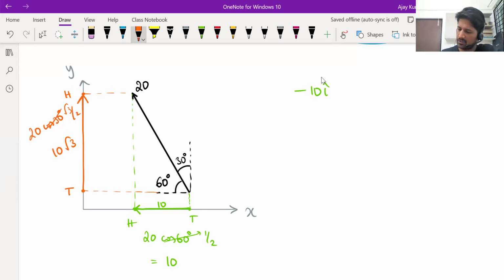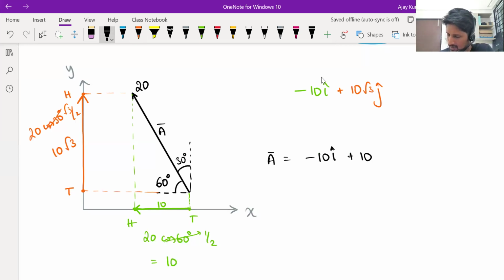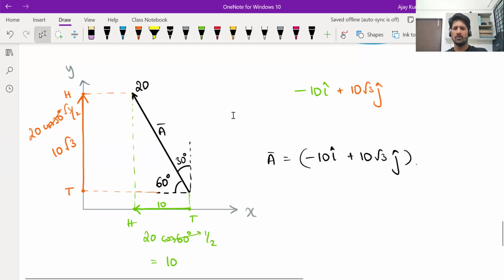And since it is upward, you will write plus 10 root 3 j cap. That's all. So the given vector can be denoted as minus 10 i cap plus 10 root 3 j cap. Okay, that is how we mathematically denote this arrow. So I hope you all got some idea of how to write it mathematically.